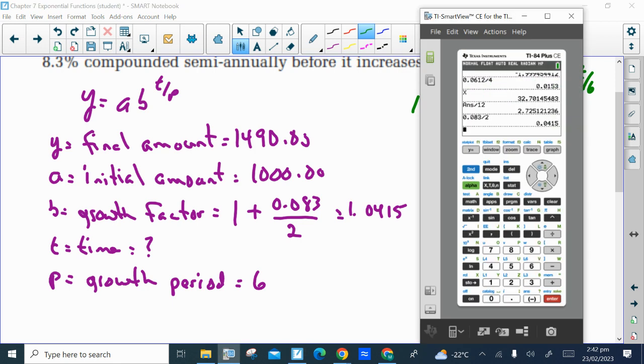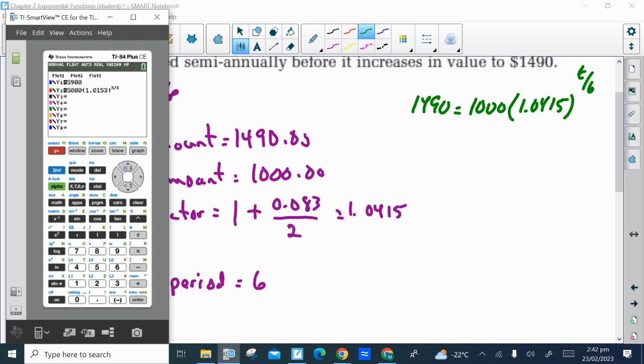And we will use our graphing calculator to find that solution. I'll choose Zoom Fit, Zoom 0.